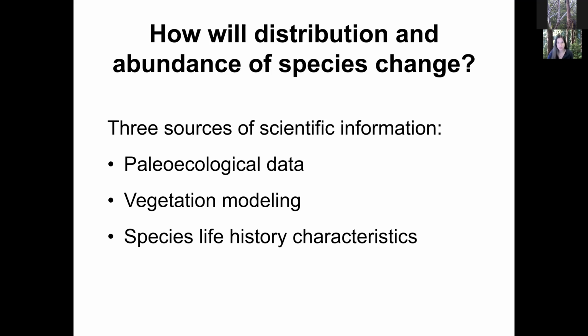And that can help us see how climate changes of the past affected tree species in our forests. We can also use vegetation modeling. There are several different types of models that tell us how species and ecosystems are going to respond to shifts in climate. And then we can use our knowledge of species life history to determine how they're going to respond to these shifts in climate. So I'll give an example of each of these.